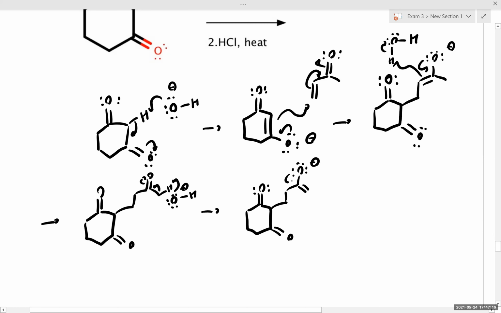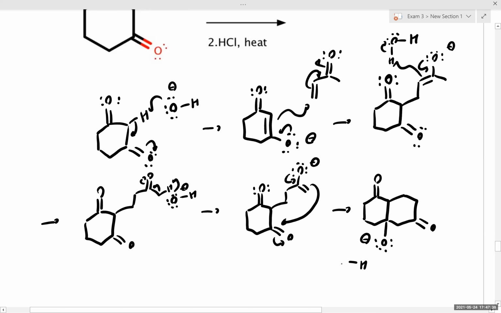We generate our enolate, and this enolate can attack one of our electrophilic ketones in order to generate the following beta hydroxy ketone.